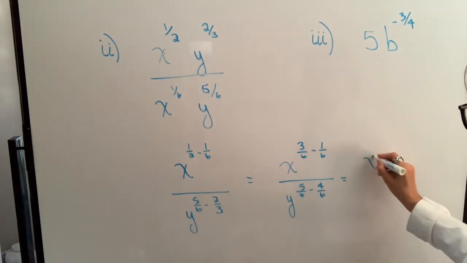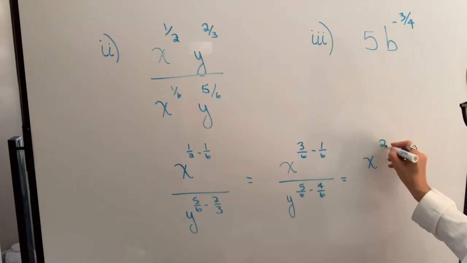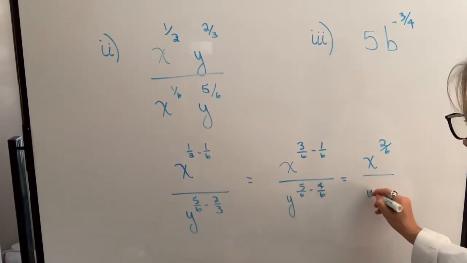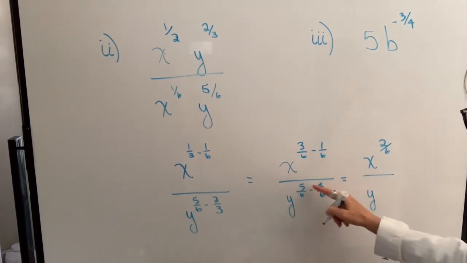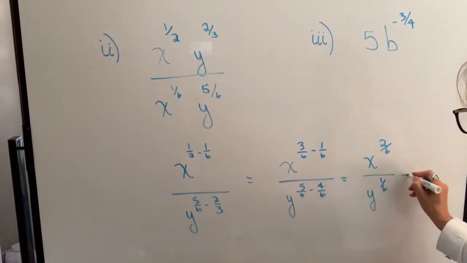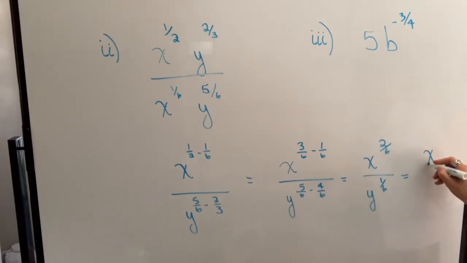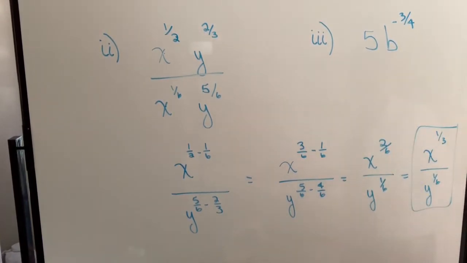So it will be x to the 3 minus 1 is 2, over 6, y to the 5 minus 4 is 1. And we don't want to leave 2/6. We always reduce our fractions, so it'll be x to the 1/3 over y to the 1/6. And that's our simplified result. Nothing else we can do with that.